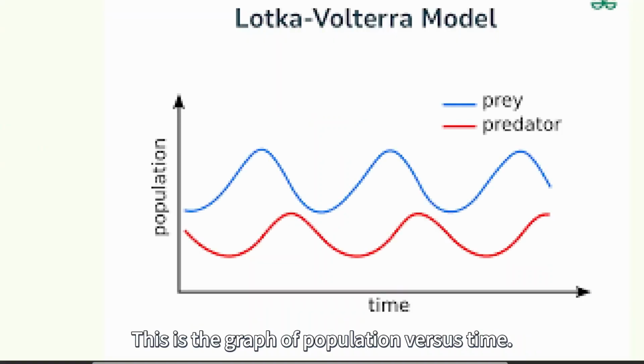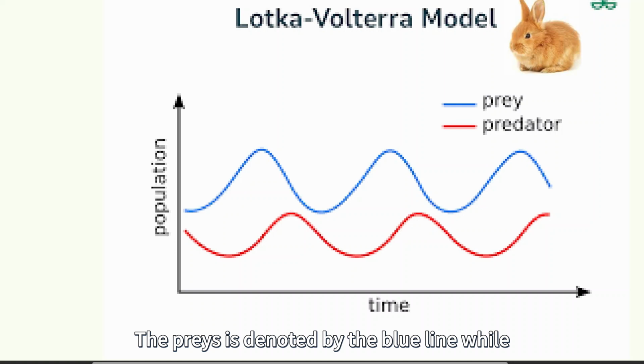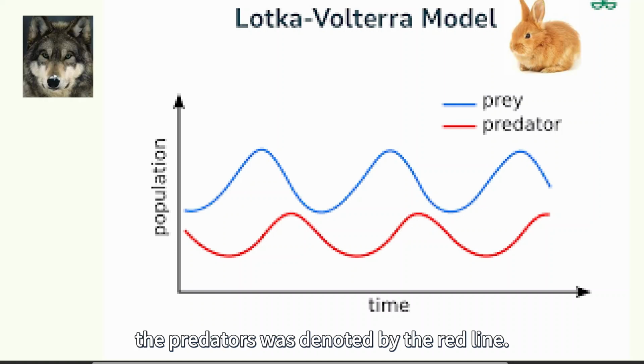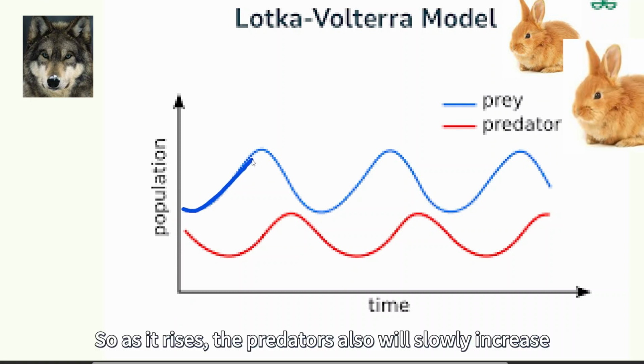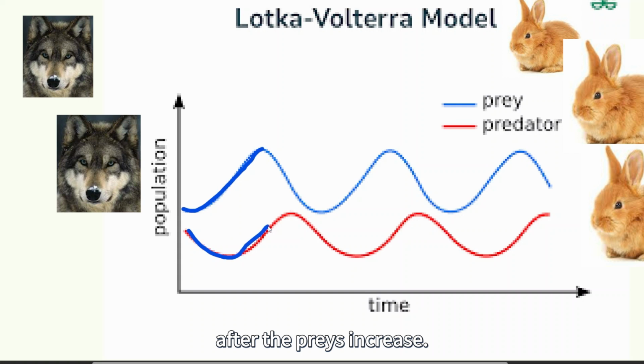This is the graph of population versus time. The prey is denoted by the blue line, while the predator is denoted by the red line. Initially, the number of prey is increasing. As it rises, the predator will also slowly increase after the prey.